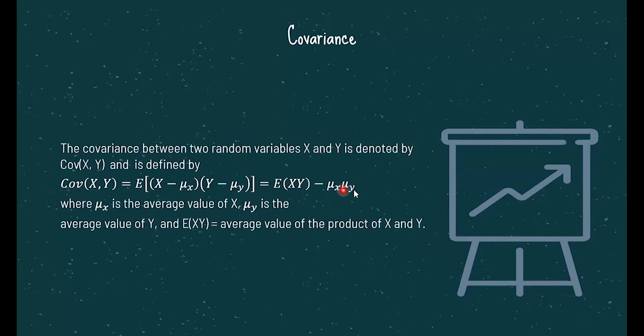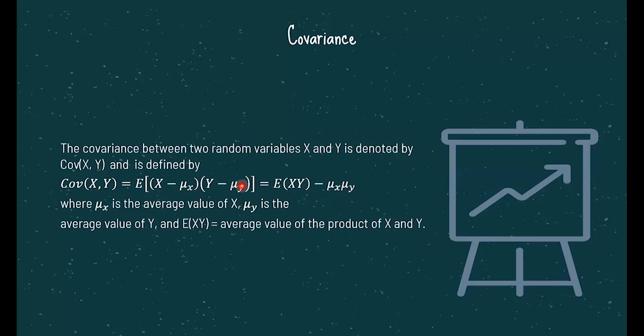This is the mathematical equation for covariance, where the covariance between x and y, two variables, is E, meaning the expected value. And mathematically, wherever we say expected value, it is nothing but their mean, so average. So here the expected value of x minus mu x into y minus mu y.